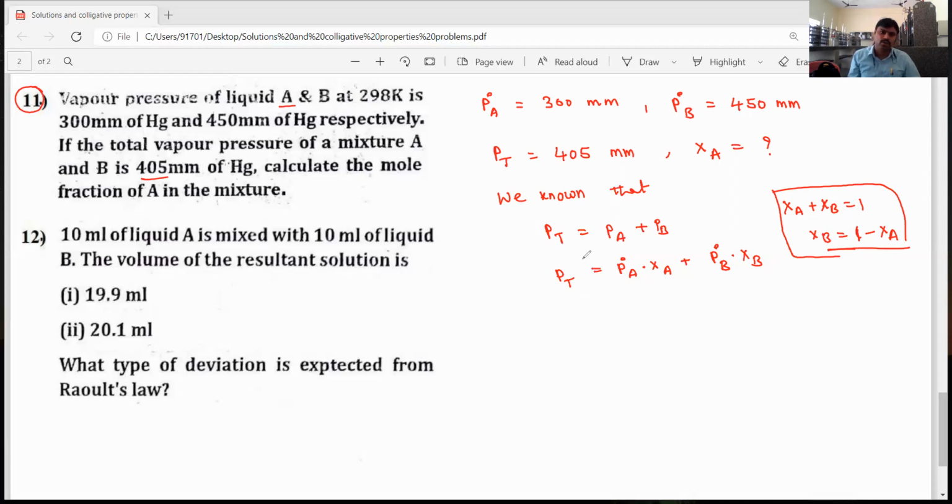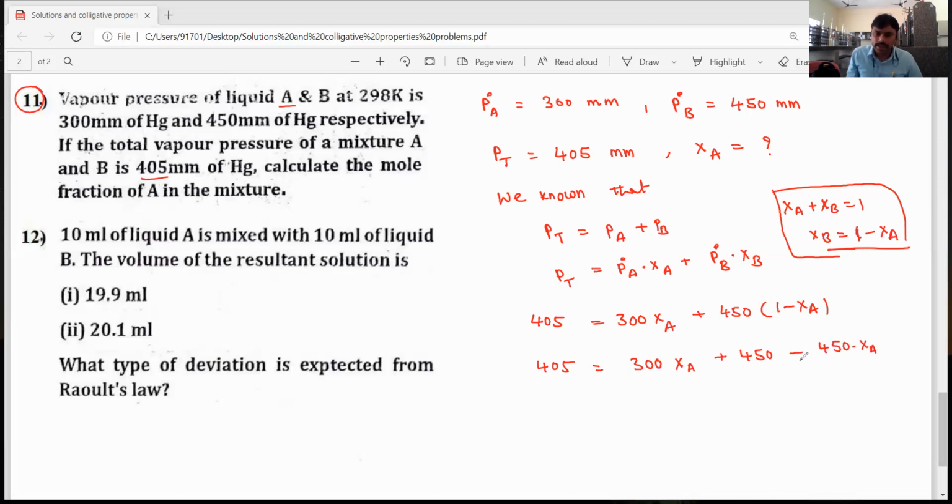Then Pt, the total vapor pressure of the solution, is 405, and P0A is 300 mm of Hg, so 300 into Xa plus P0B value, 450 into 1 minus Xa. On simplification, 405 is equal to 300 Xa plus 450 minus 450 into Xa.